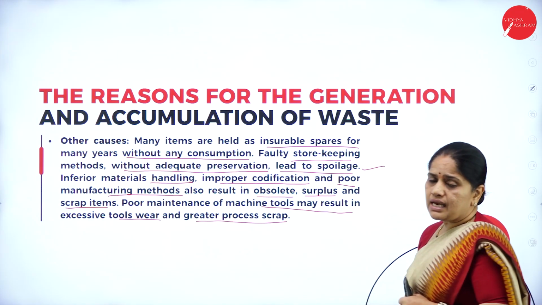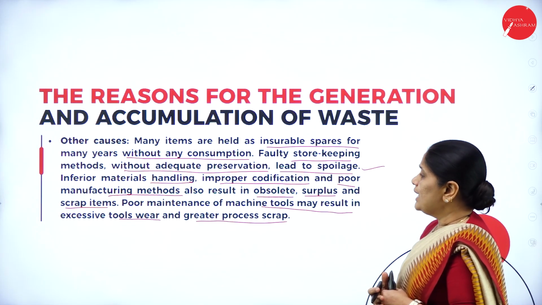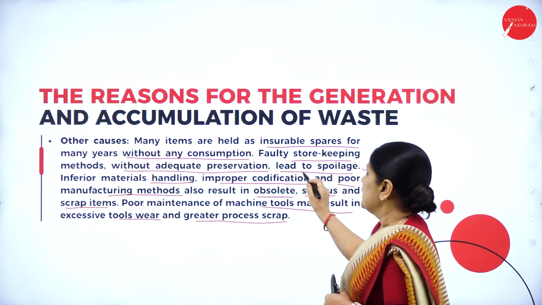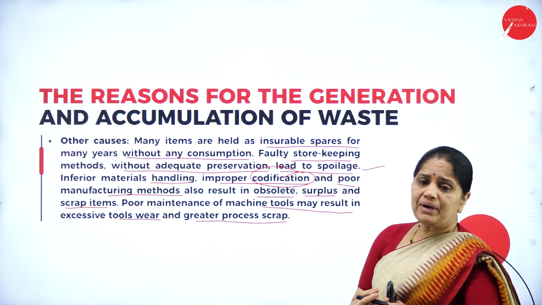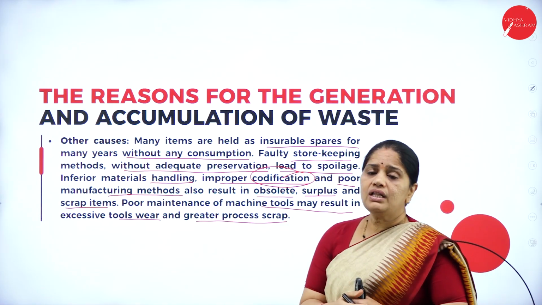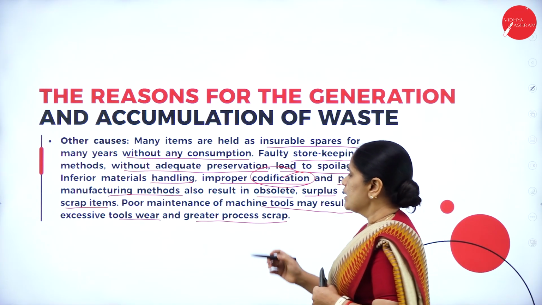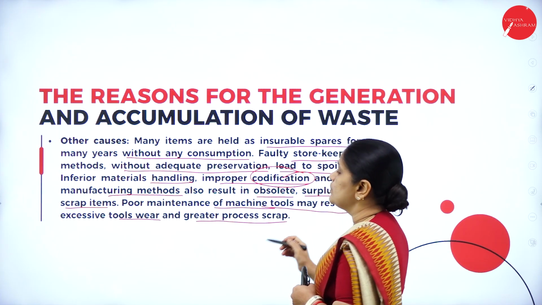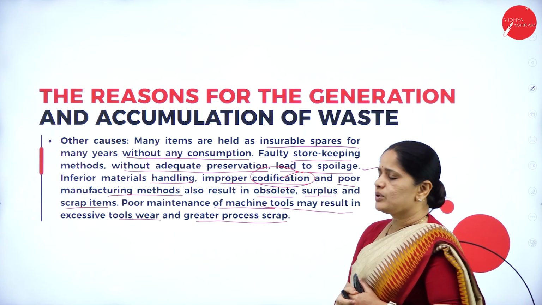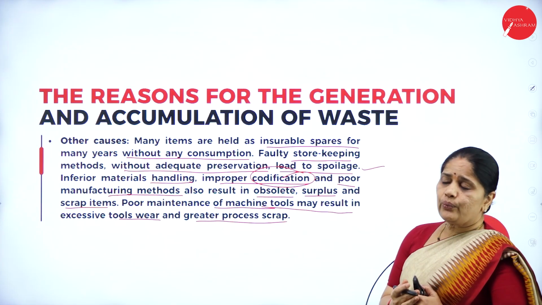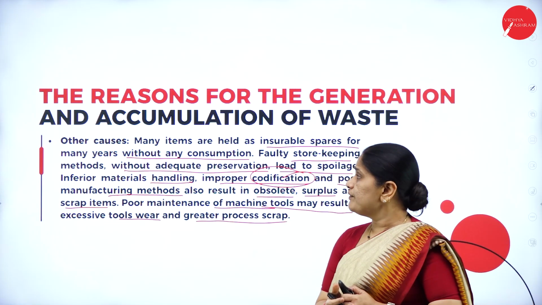So the other causes are, you are not handling the materials well, and improper codification, so you don't codify the material, and poor manufacturing methods. All this will result in obsolete, surplus, and scrap items. Poor maintenance of machine tools also may result in excessive tool wear and greater process scrap. So these are the various reasons for the generation and accumulation of waste.